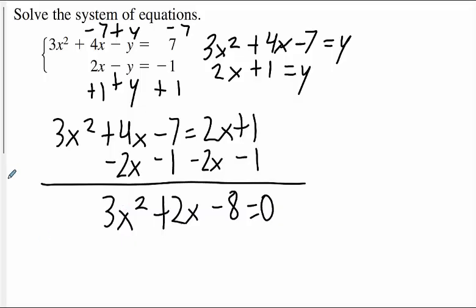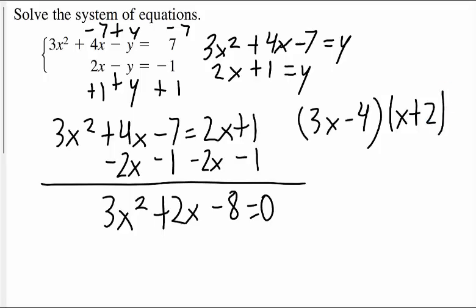So now what I need to do is factor. If I factor this, I get (3x minus 4)(x plus 2), and we say that that is 0.